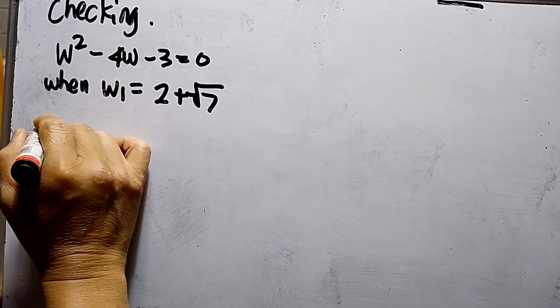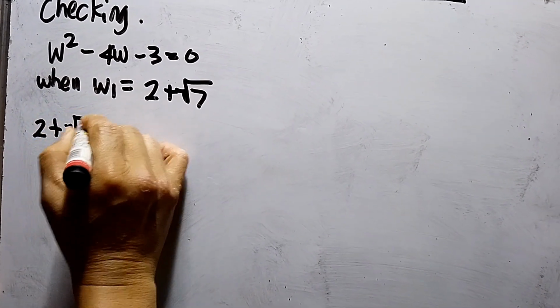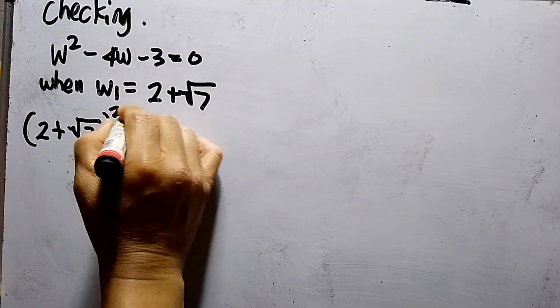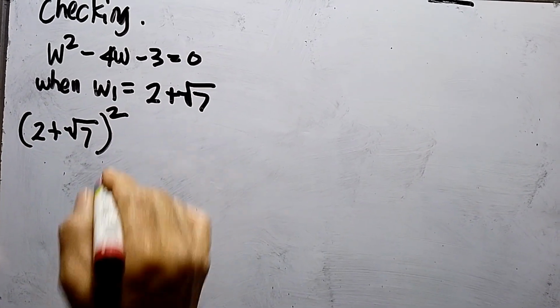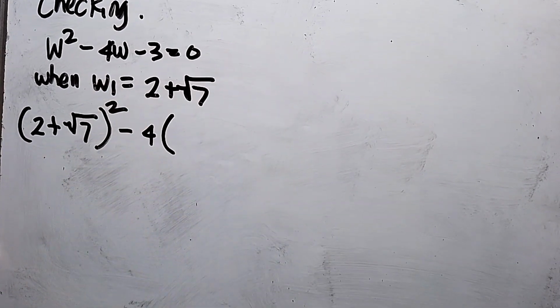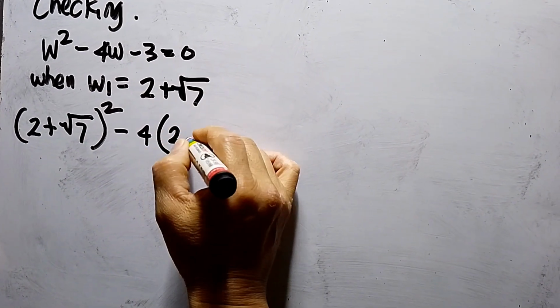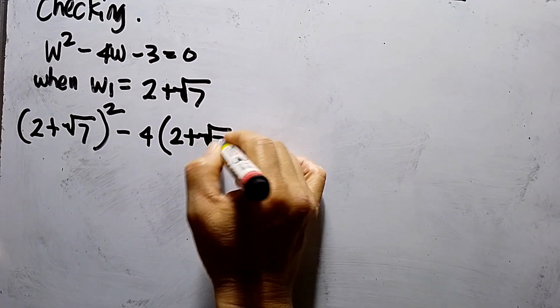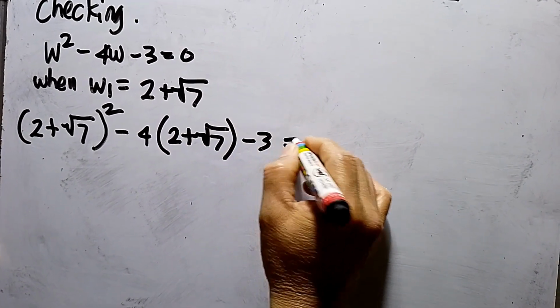So, this will be 2 plus square root of 7 squared, minus 4 times w1, which is 2 plus square root of 7, then minus 3 is equal to 0.